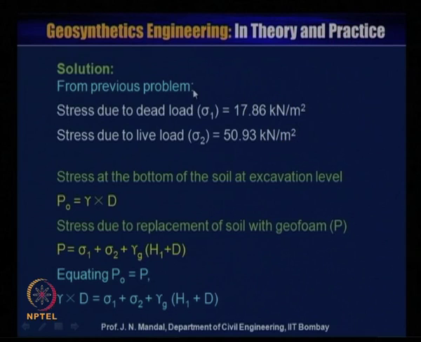So, this is the solution. From the previous problem, we know the stress due to the dead load, sigma 1, is 17.86 kilonewton per meter square, and the stress due to the live load, sigma 2, is 50.93 kilonewton per meter square.